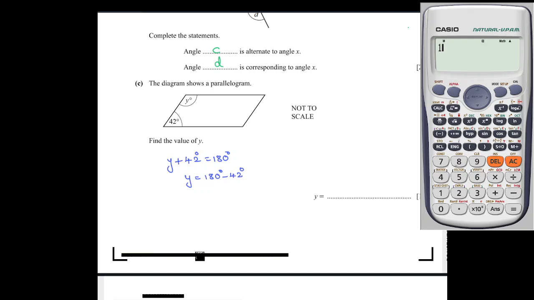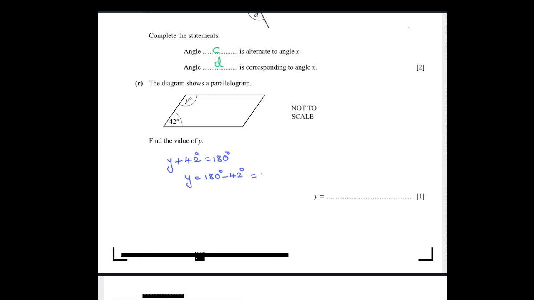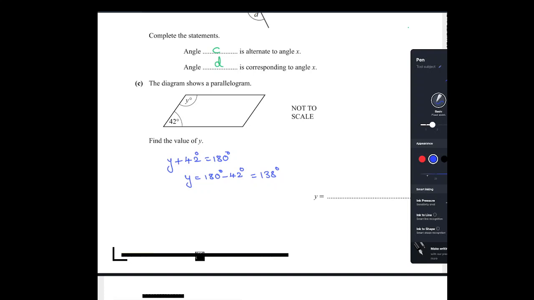Y will be 180 minus 42. 180 minus 42 is 138. 138 degrees is the value of Y.